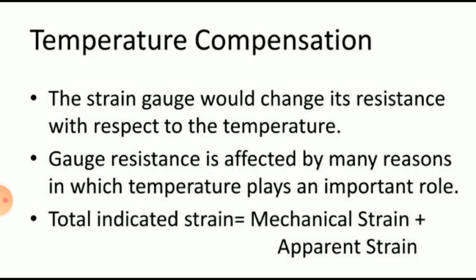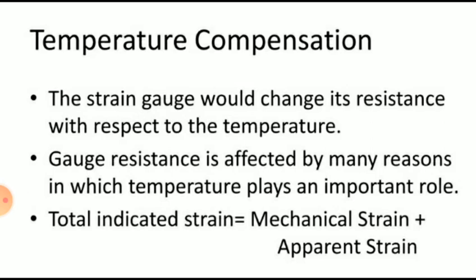However, the strain gauge material, the lead wiring, as well as the specimen material to which the gauge is applied, also respond to the change in temperature. So when there is a change in temperature, there is a change in resistance in the strain gauge material.